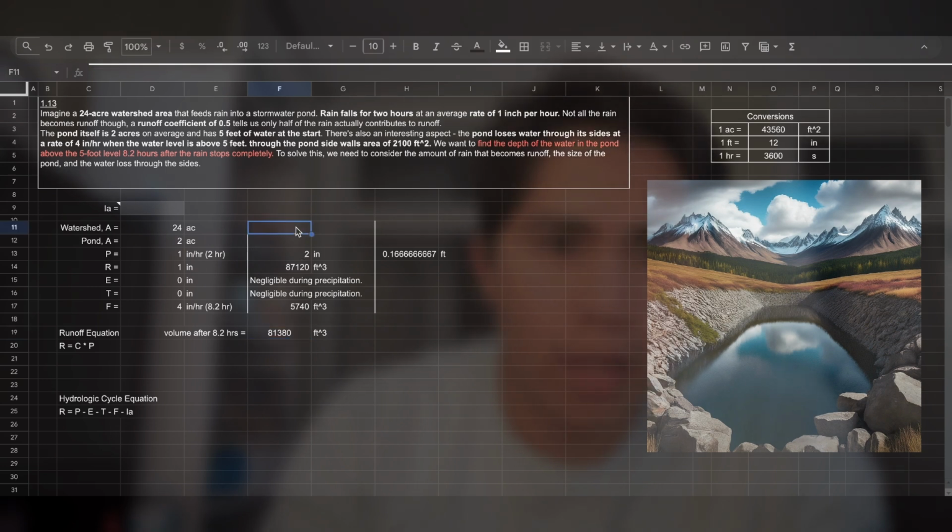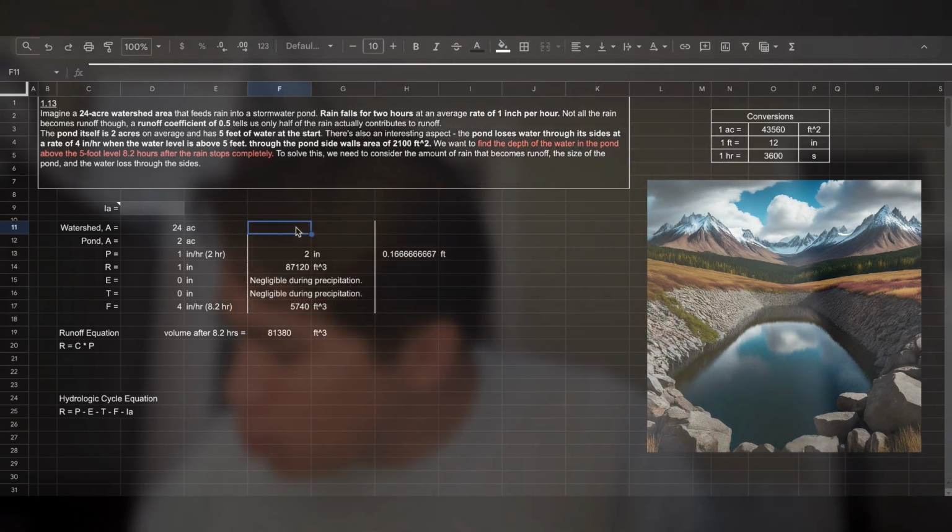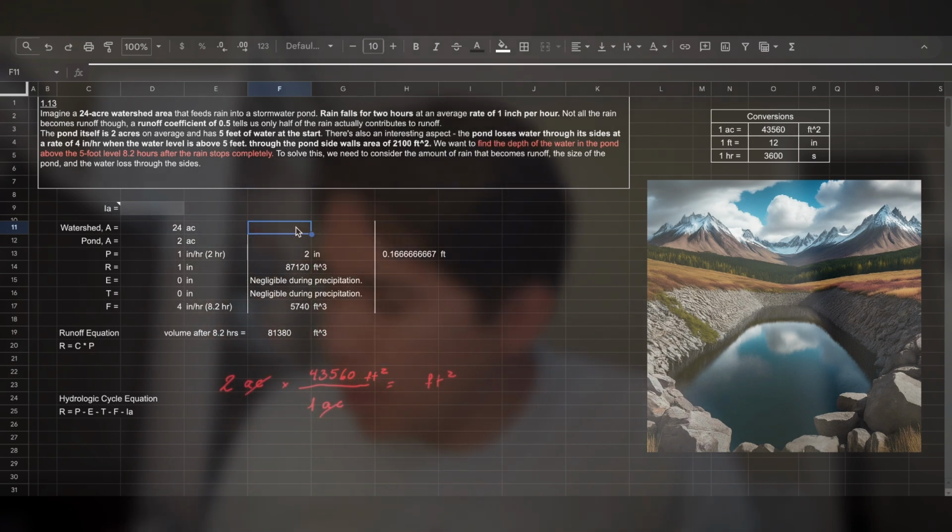We haven't converted the area into square feet, but we can do that. So 2 acres of the pond, in 1 acre, we have 43,560 square feet, and we're going to get square feet.